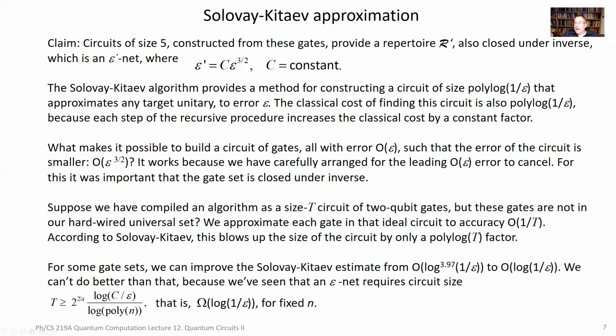So for some fixed n, like in this case, I'm talking about n equals 4, to get better and better accuracy, I have to increase the circuit size like log 1 over epsilon if I want to get as close as you want to any unitary in the group. So that's actually necessary. So the fact that there actually are gate sets for which it's provable that log 1 over epsilon is enough, that's a very pleasing result.